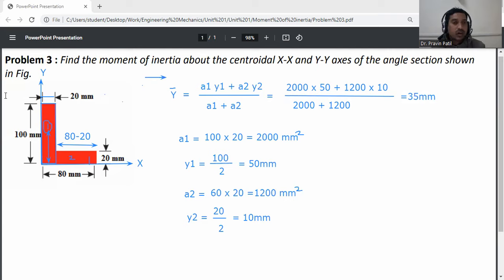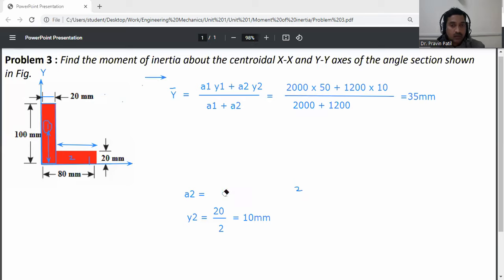Okay. So now calculate the moment of inertia. First of all, about the x-axis, then the y-axis.